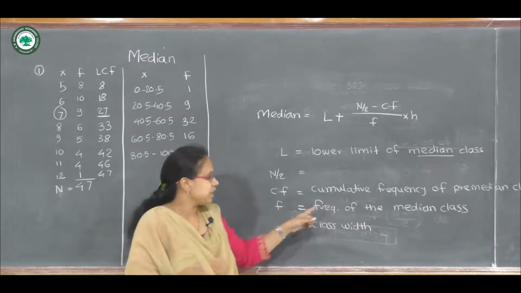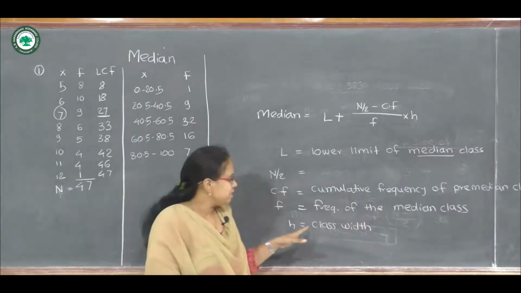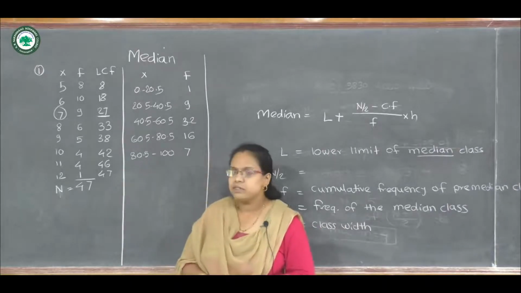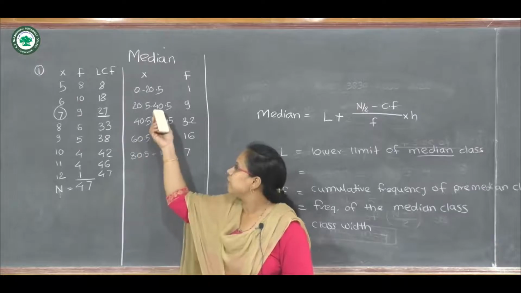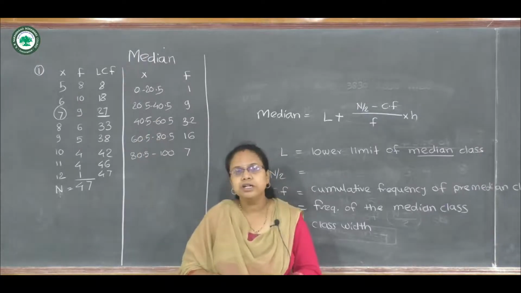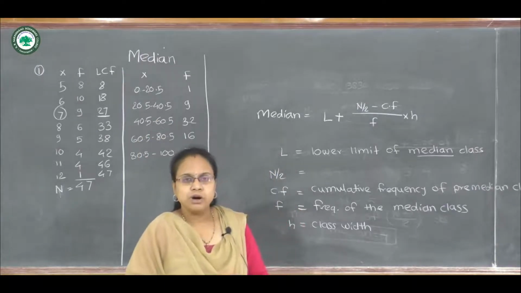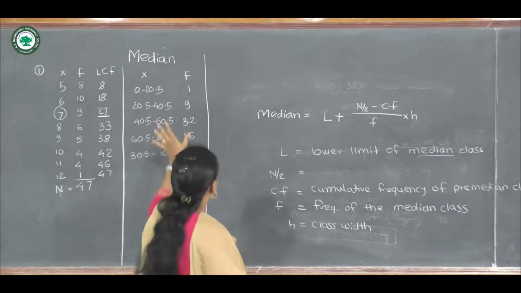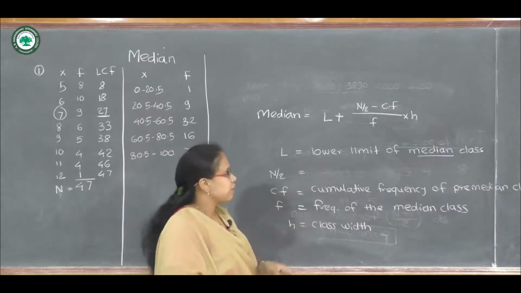F means frequency of the median class, and finally H can be calculated as upper limit minus lower limit. So class width can be calculated from the given data. We can calculate the median for this data by using this formula.